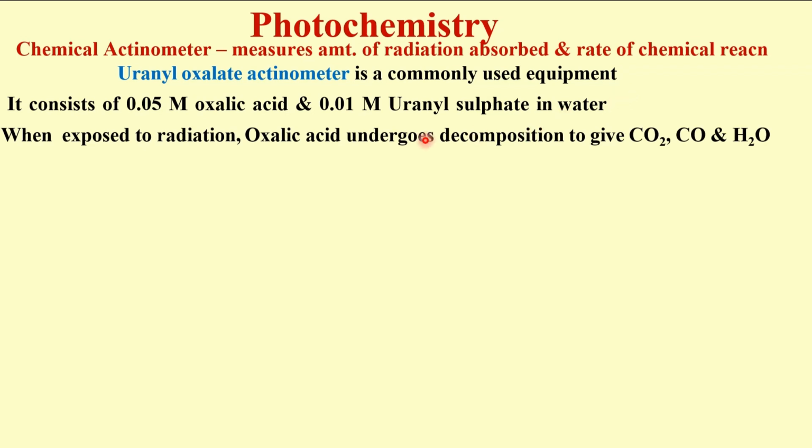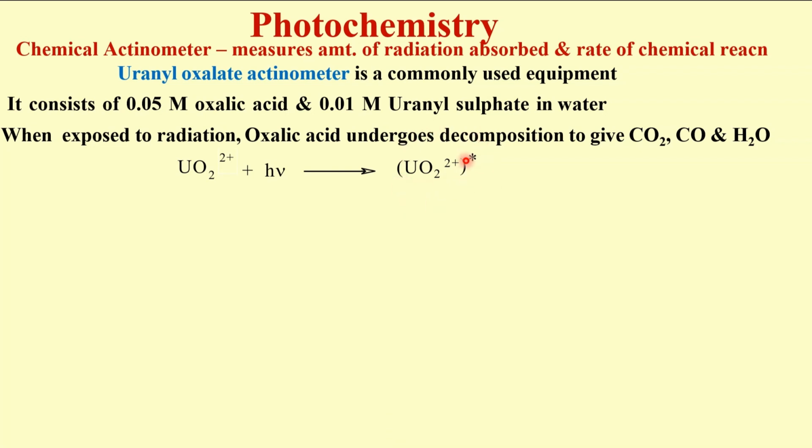When this mixture is exposed to radiation, oxalic acid undergoes decomposition to give rise to carbon dioxide, carbon monoxide and water. The uranium ions absorb the light energy and get activated.